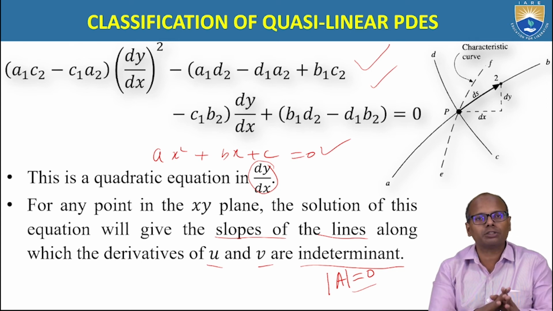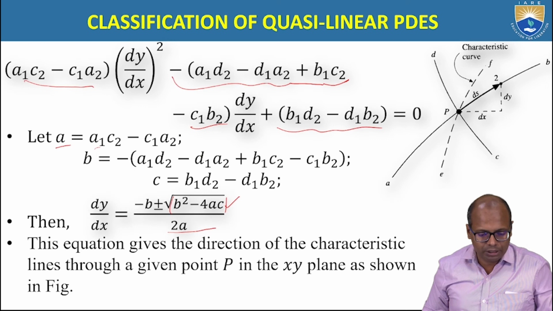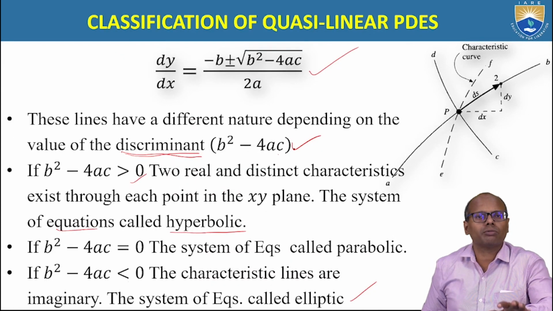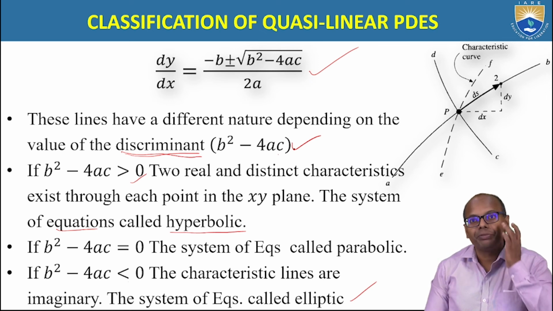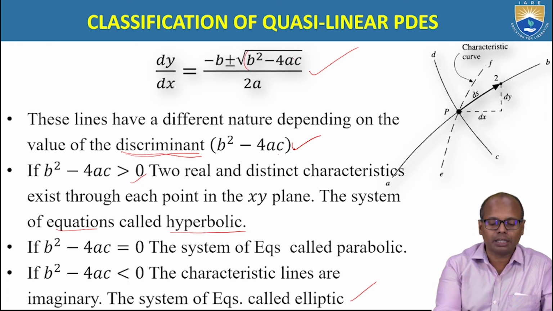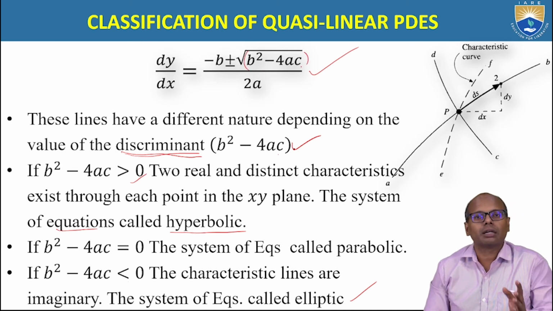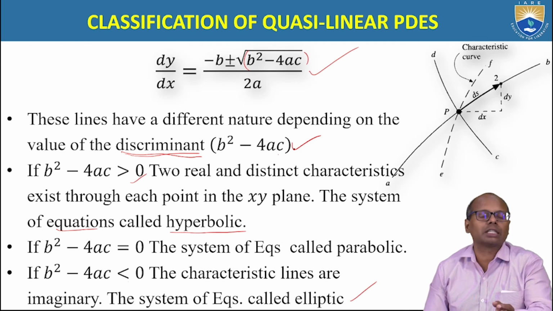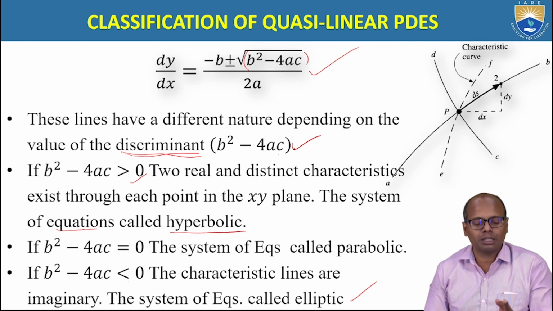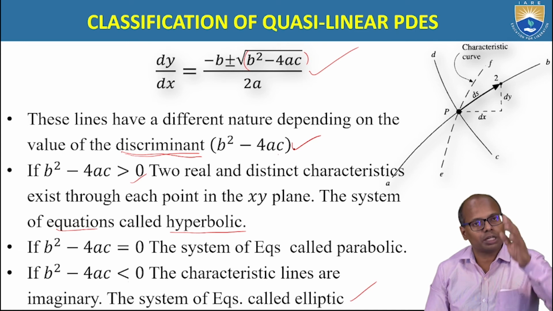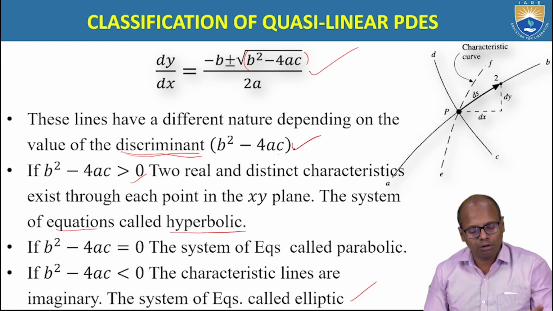Now how do we find the slope of the curve? We have this equation for finding the roots of the quadratic equation. Now if the discriminant is greater than 0, then we will have two real and distinct roots for this equation, and the system of quasi-linear equations that we have taken is hyperbolic.